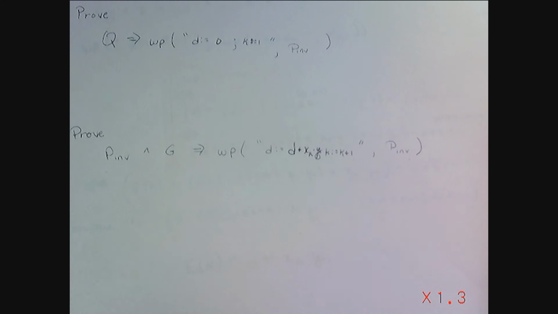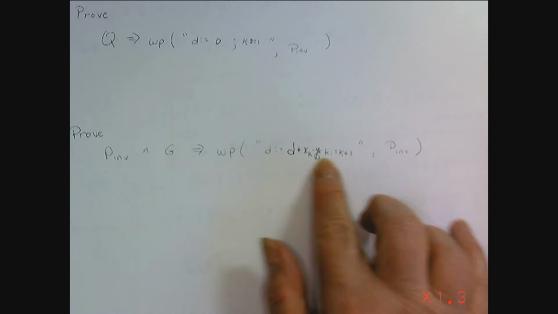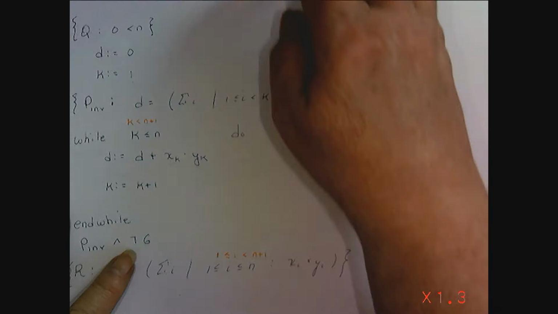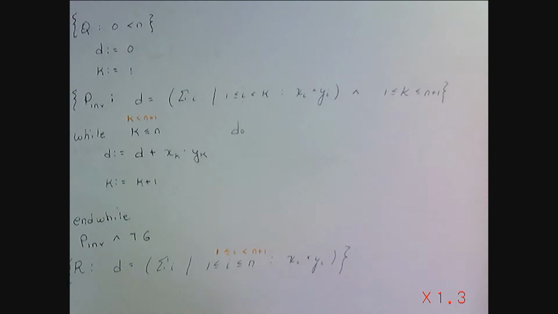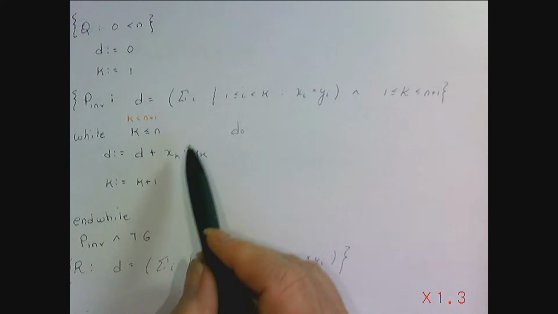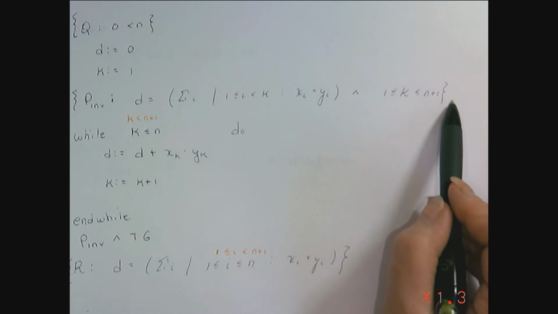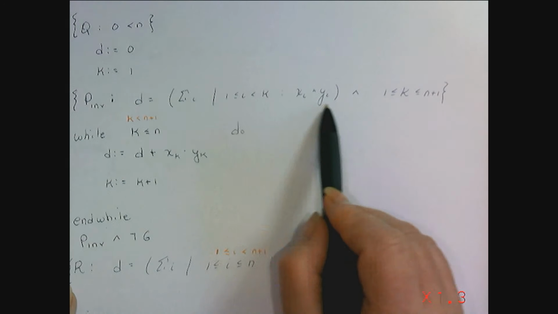And I'm sure that it does. But again, I'll challenge you to make that more formal. So this was the building of the program segment that found the dot product using the invariant here.